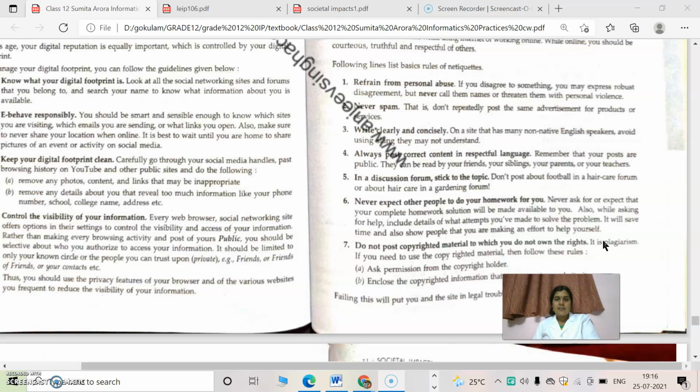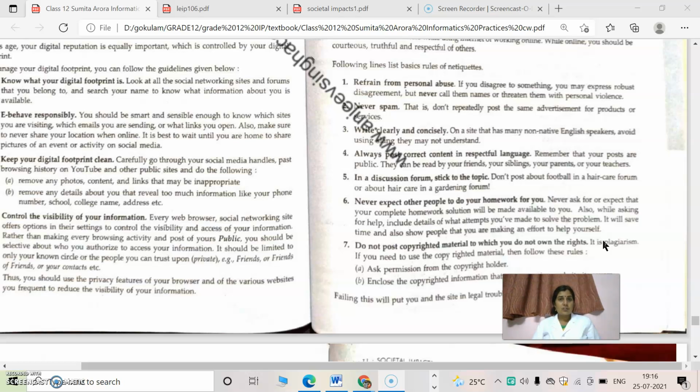Then always be clear, since many non-native English speakers may not understand. When we are using a website where only English-speaking people are present, then we must speak in English. Don't use our own language because they cannot understand. Then post correct content in respectful language.